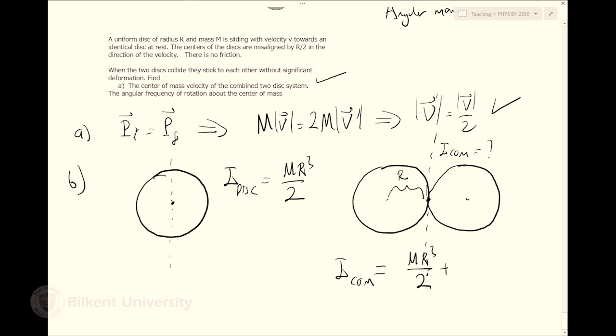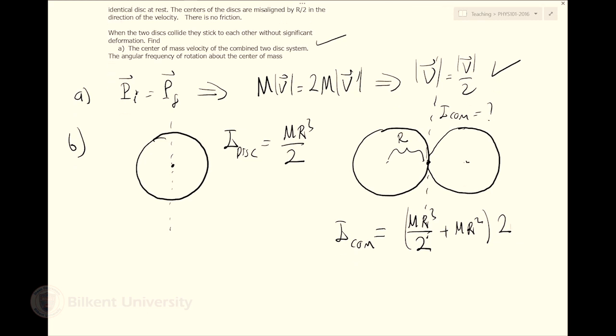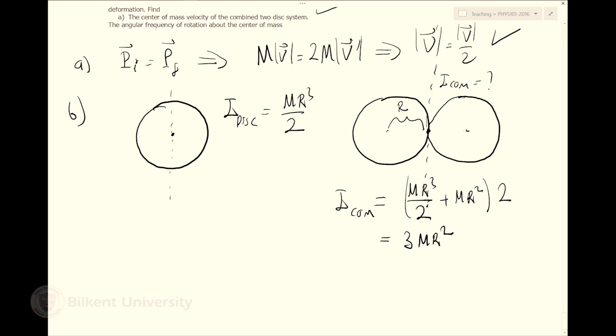That's r, so you add mr squared. And I have actually two of these objects, right? So the combined moment of inertia about the center of mass is what? 3mr squared. All right? How many of you found this?